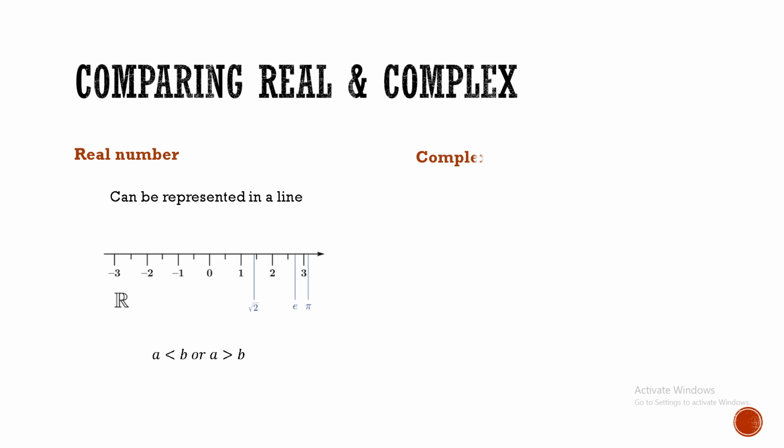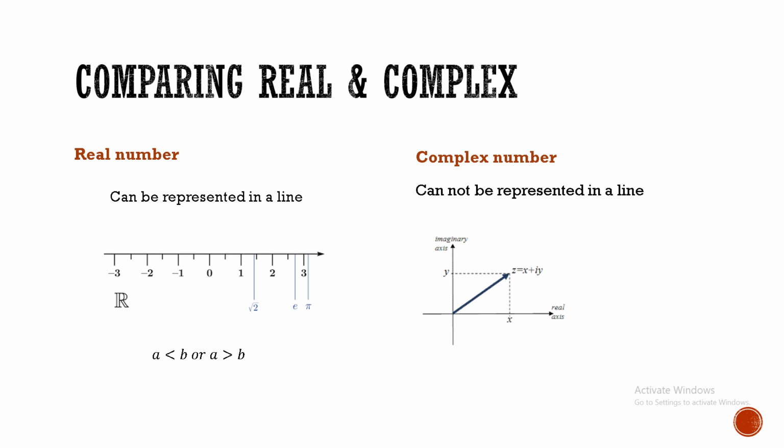See here. Listen carefully. A complex number is in the form z is equal to x plus iy. So we need two axes. One represents the real axis and another one represents the imaginary axis. So I need two axes to represent a complex number.